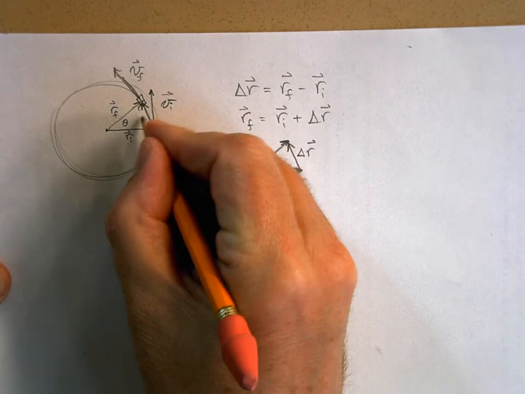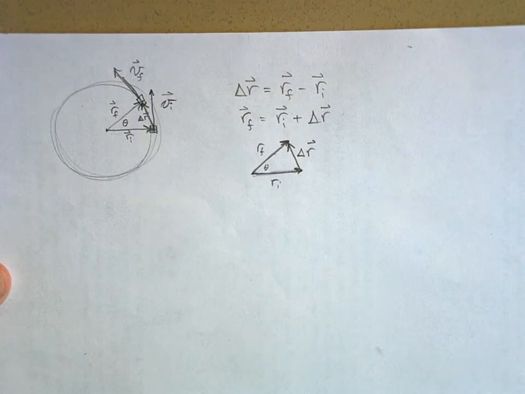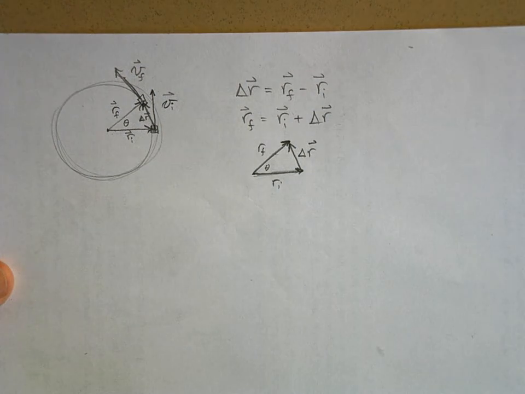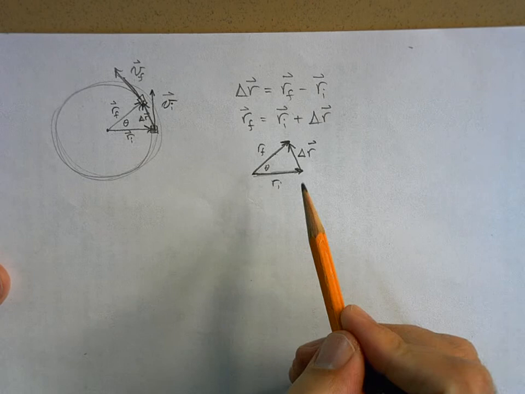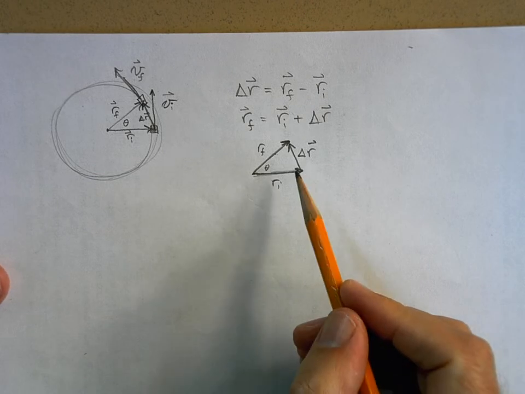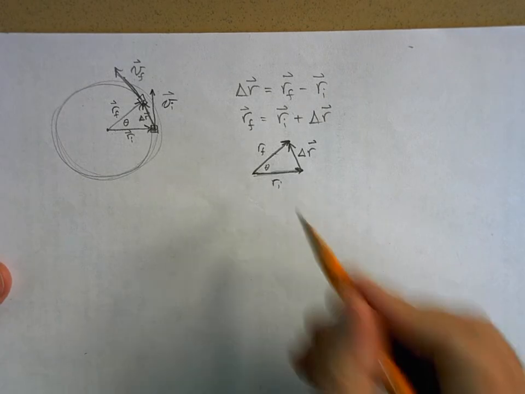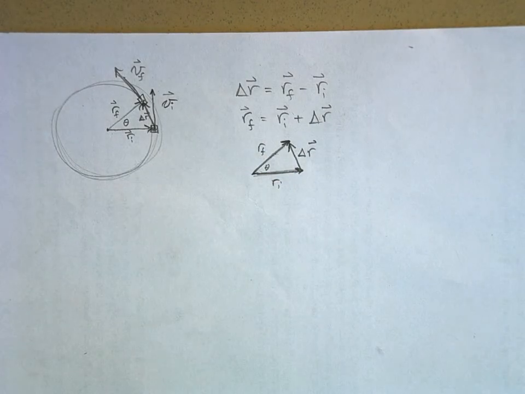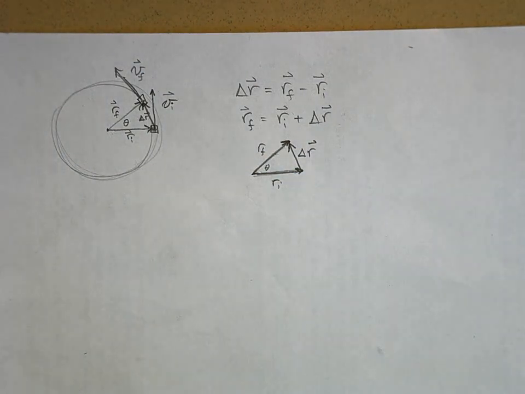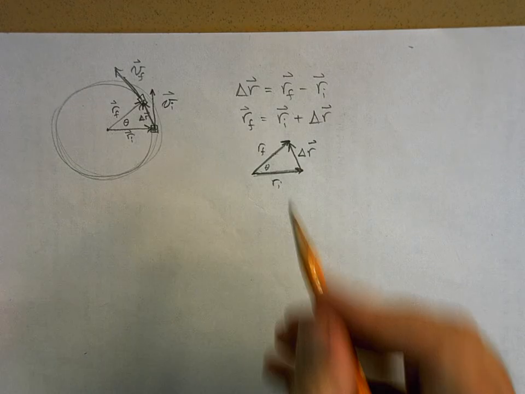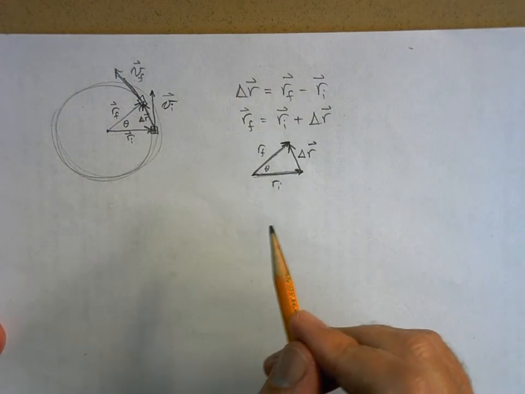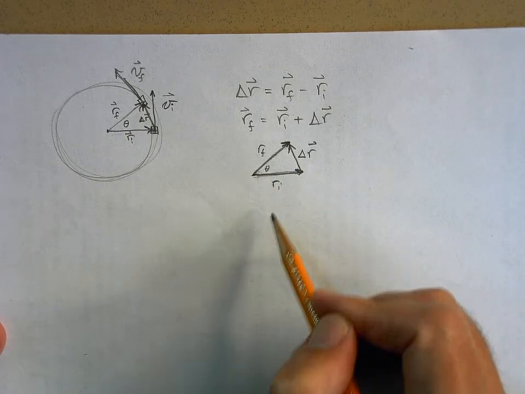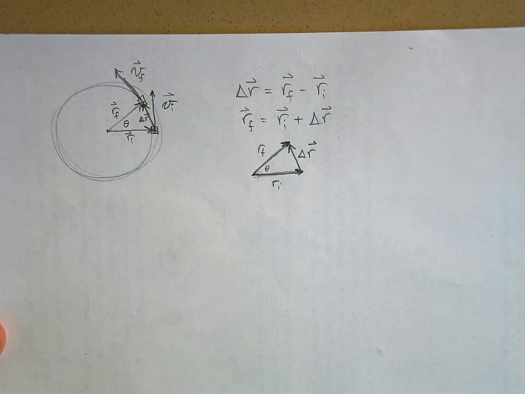So there's my delta R on that picture. Now, you see that whenever you add vectors together, you make a triangle. And do you see that R initial and R final have the same length, right? I mean, it's just the radius of the circle. The radius of a circle is a constant. So what kind of triangle has two legs that are the same length? Yeah, that's called an isosceles triangle, right?